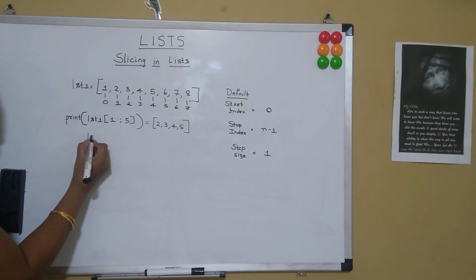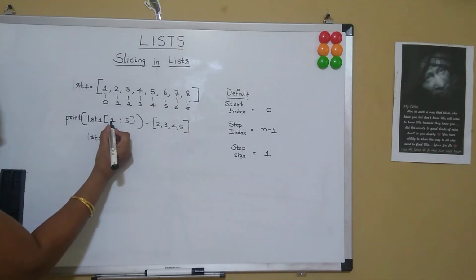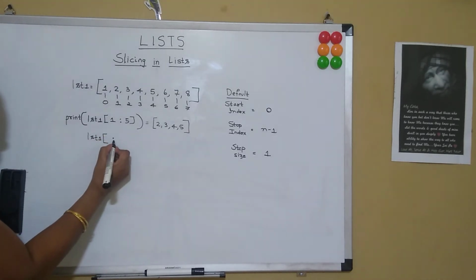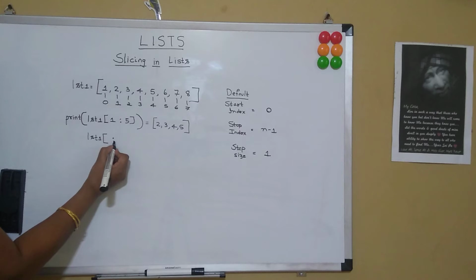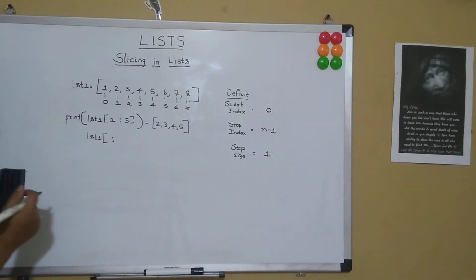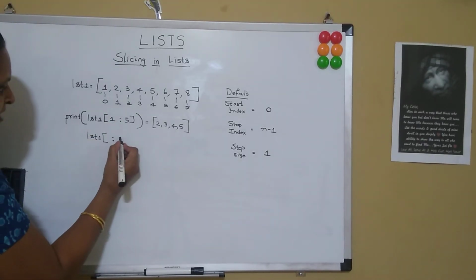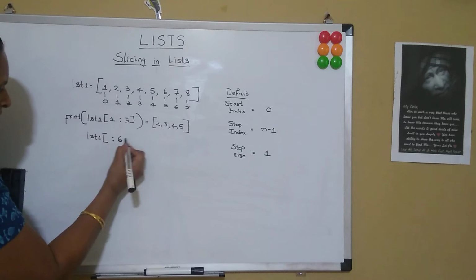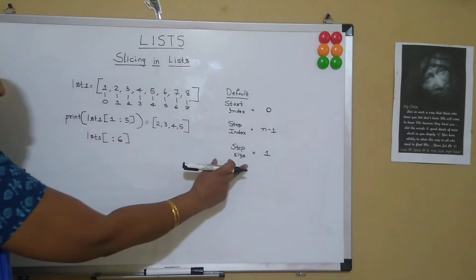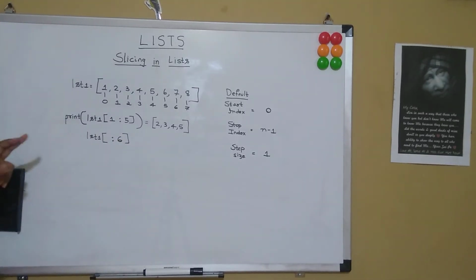Now if I take one more example, LST1, and I don't give any start index. I give a colon and I give the end index as 6. And step size also I don't specify, so it will consider as 1.